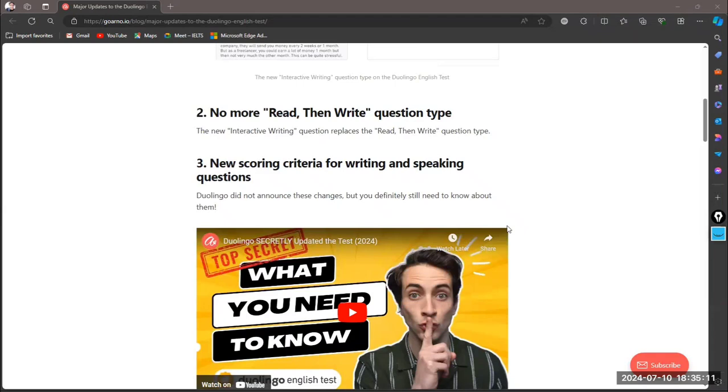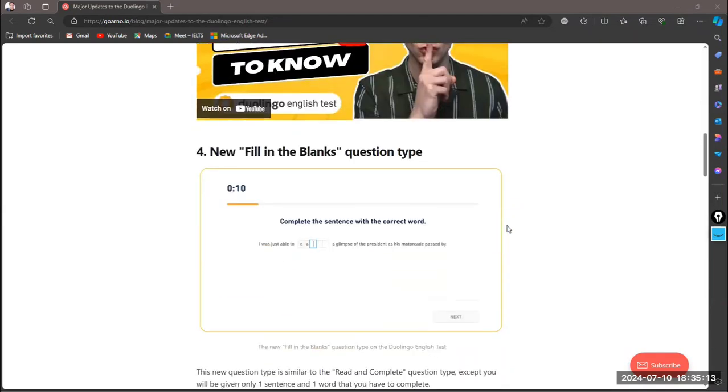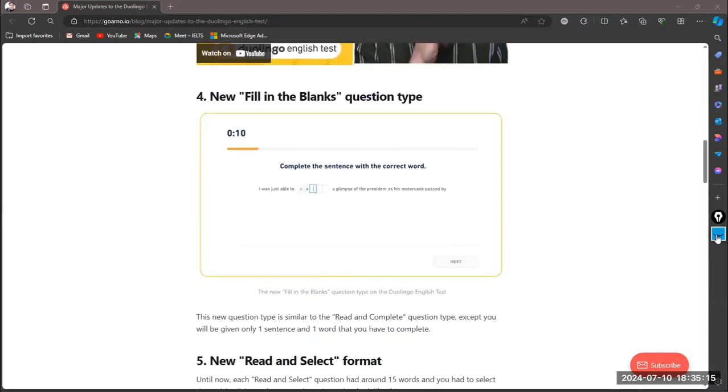Now, the fourth one is the fill in the blanks question type. It is the same if you remember the first module that we have discussed. We have to complete the sentence by writing exactly the correct word. And it's not that big a difference between the two modules.